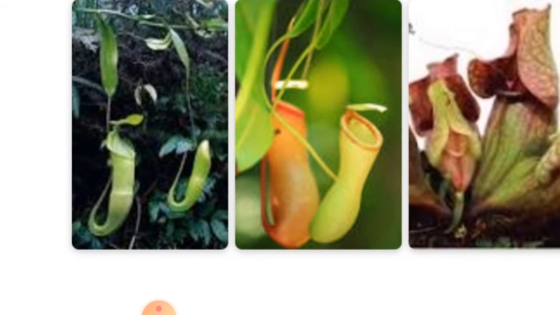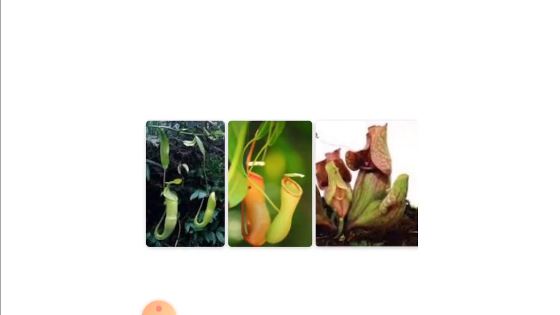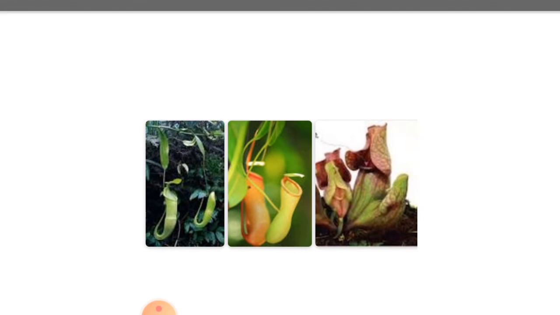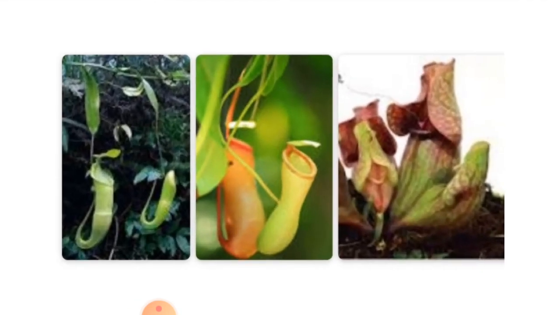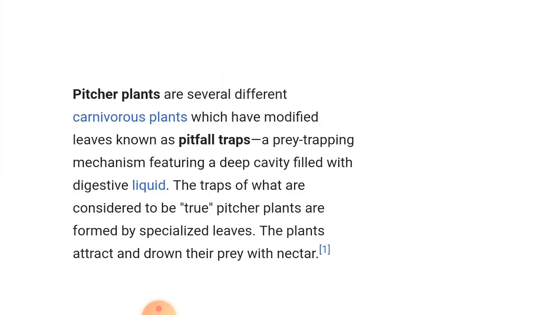When an insect enters the pitcher, it is trapped with a lid on the upper side. The lid closes and they digest the insect inside. So they are known as pitcher plants or insectivorous plants, with modifications for digesting insects with enzymes.